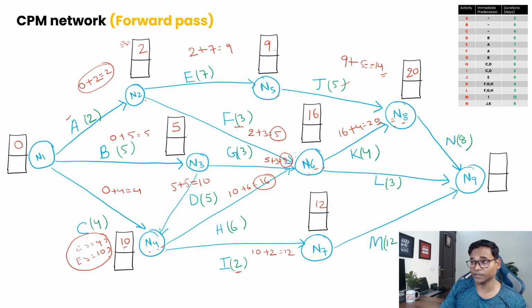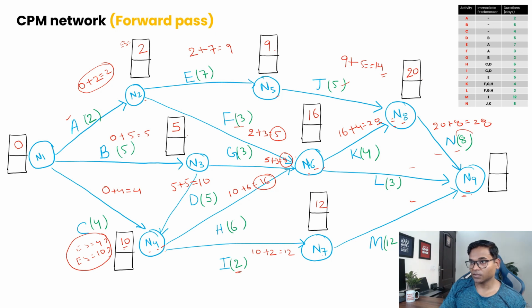Now let's move to the next node, that is your last node, N9. At N9 you see three paths are converging: one is N8 to N9, another one is N6 to N9, and N7 to N9. We need to calculate the early start for all three and then take the maximum. Till N8 we have calculated 20, and the duration is 8, so 20 plus 8 is 28.